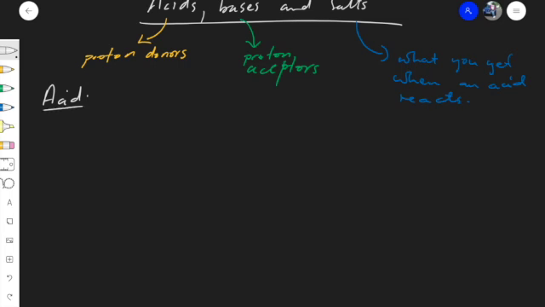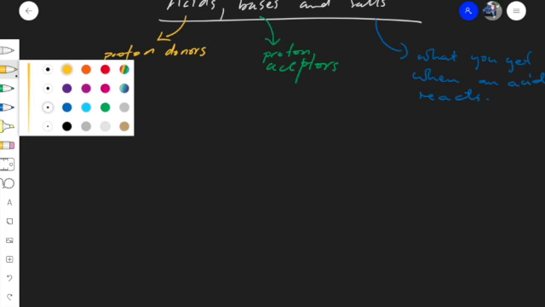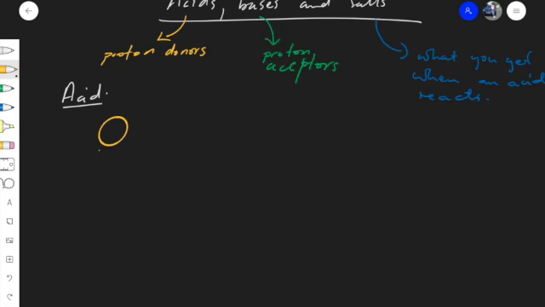So let's take, for instance, an acid, hydrochloric acid, which has got two electrons that are shared.